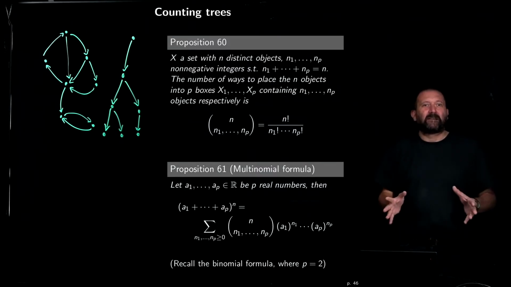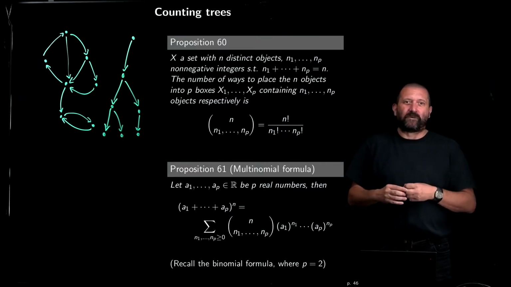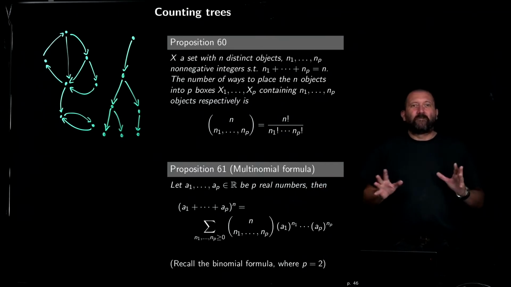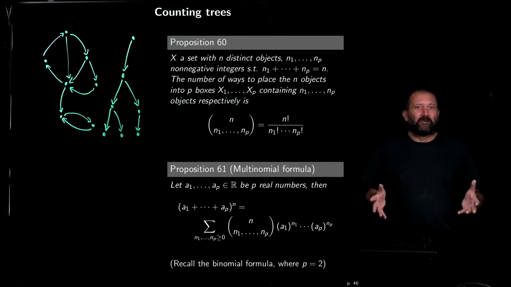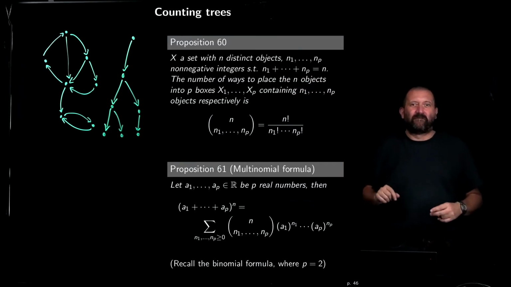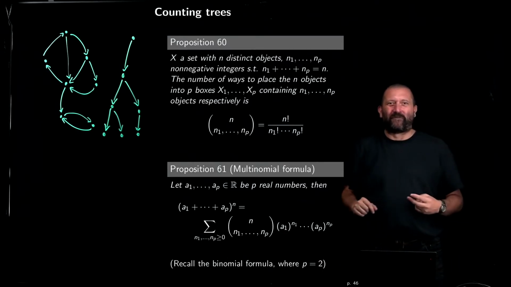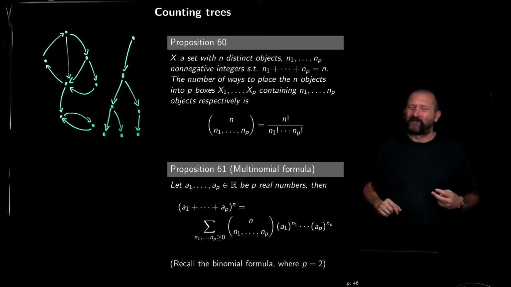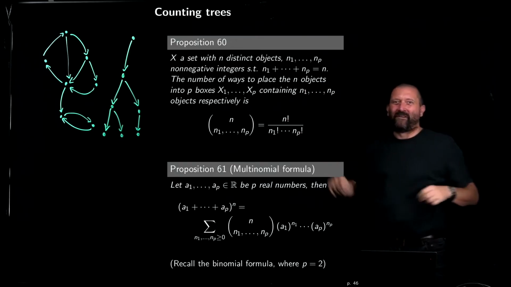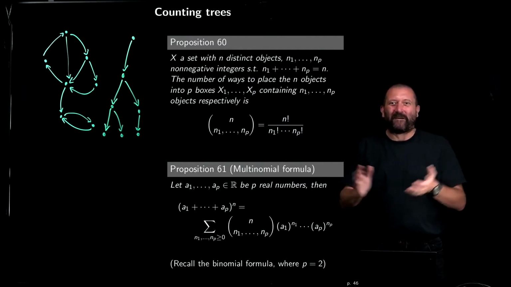I will just make a remark. Those of you doing probability have probably seen the multinomial formula or will see it, but you might have seen the binomial formula, which is just that formula in the case of two boxes. In French we say urns; in English we put balls into urns. Here we are placing objects into boxes, same idea.